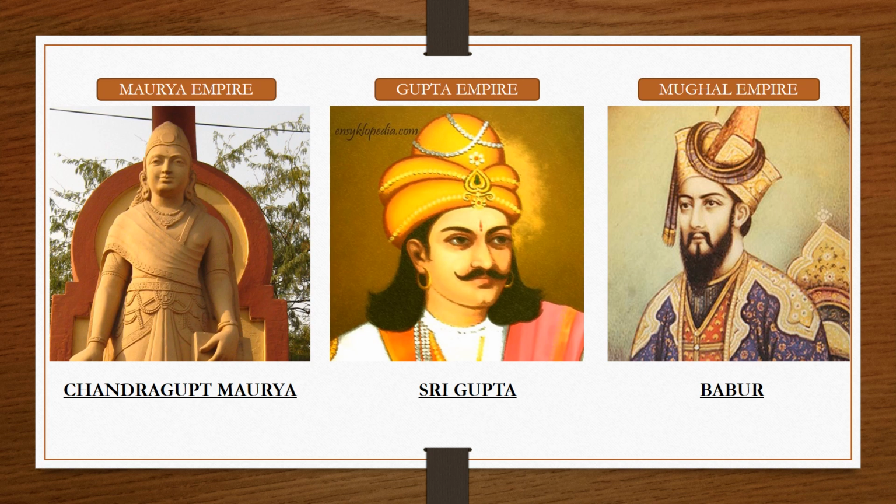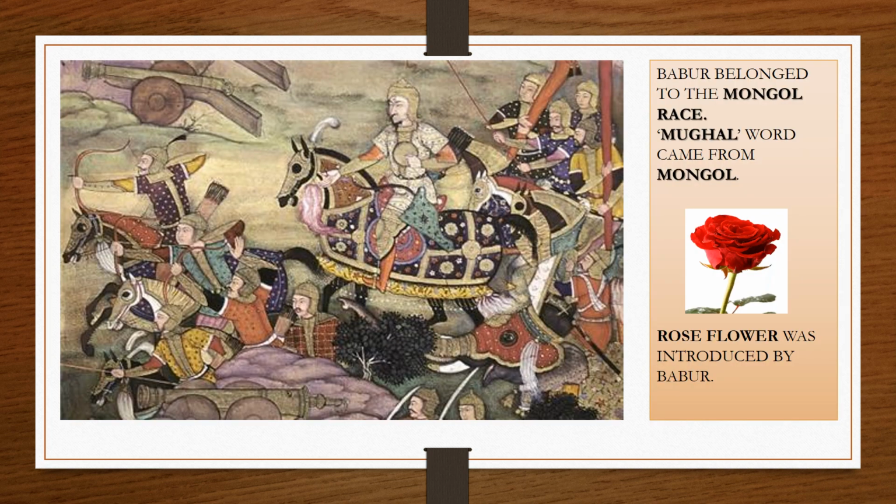The founder of the Mughal dynasty was Babur, and he was ruling a small region in Afghanistan called Kabul and was waiting for an opportunity to attack India, which was rich and prosperous. Taking advantage of the growing weakness of the Delhi Sultans, like I've told you about the Delhi Sultanate, the last dynasty ruling at that time was the Lodi dynasty.